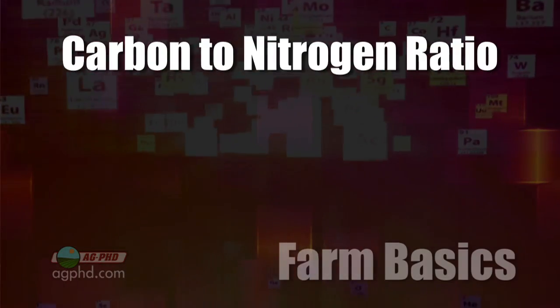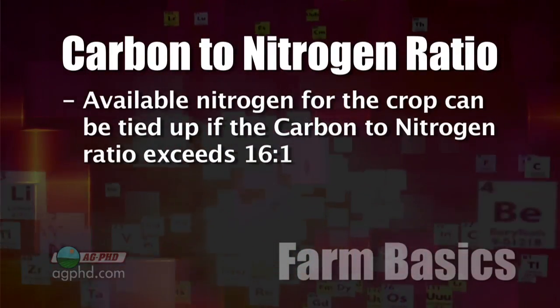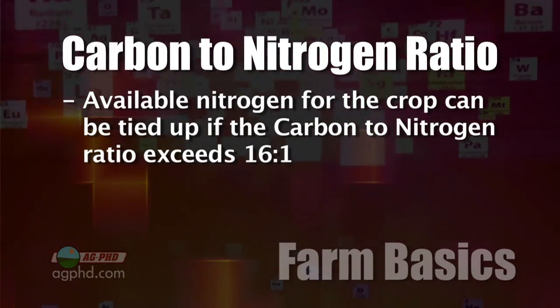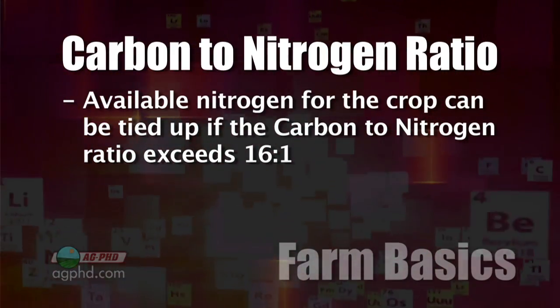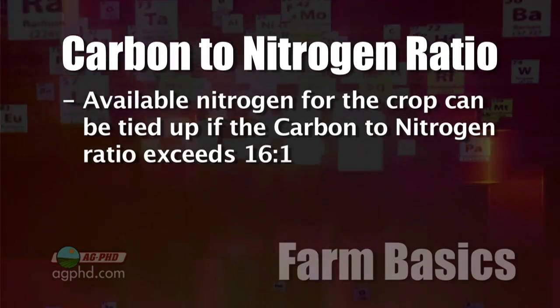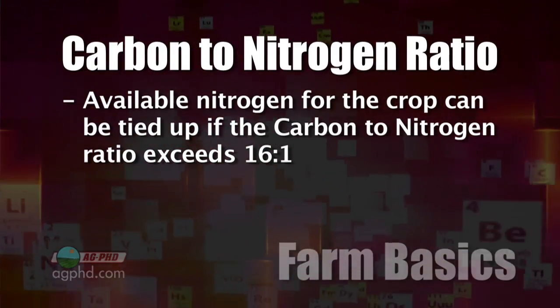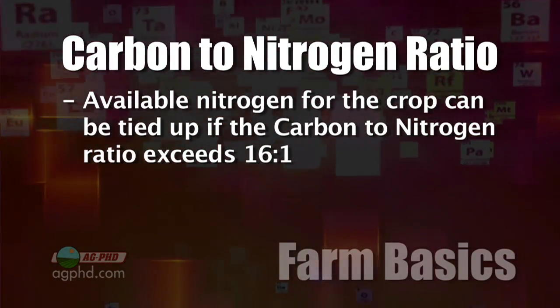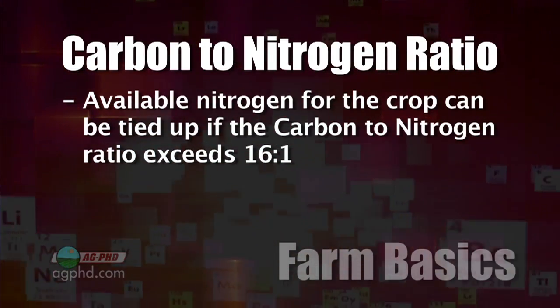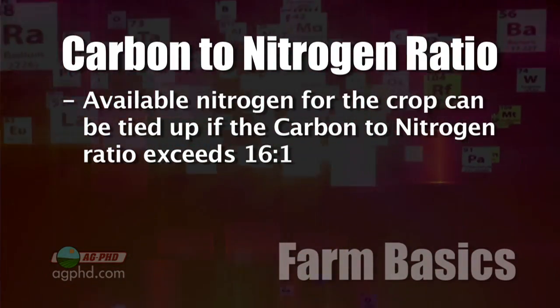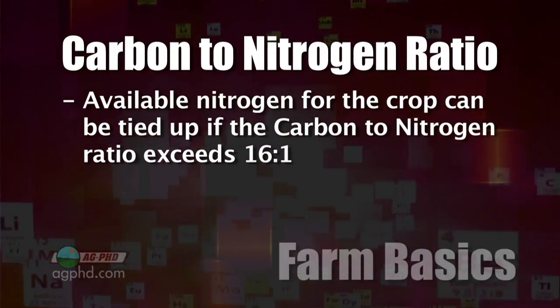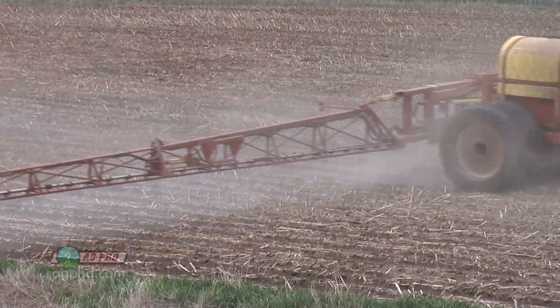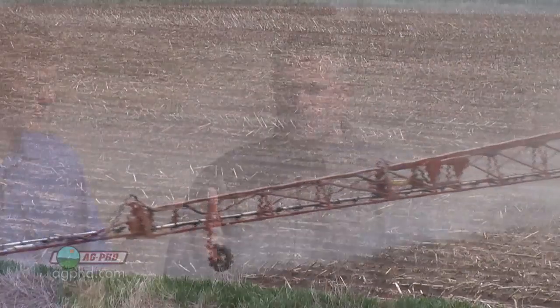So here's what it really comes down to. If the carbon to nitrogen ratio is too high, and the number is a little debatable, Darren and I were talking about that right before the show, we believe the number is somewhere around 16 parts carbon to 1 part nitrogen. If the ratio is higher than that, so let's say it's 40 to 1, 80 to 1, something like that, and a farmer goes out and sprays more nitrogen on, thinking, well, that's going to be available for my corn crop or for my wheat crop, nope, not going to happen.